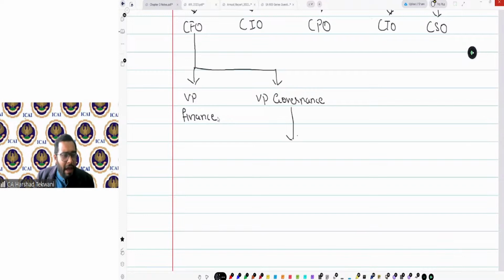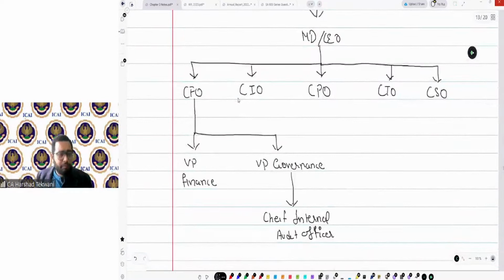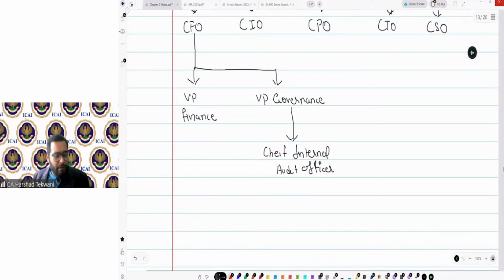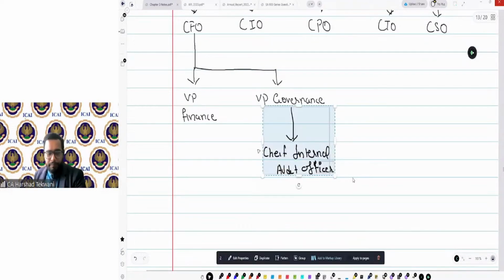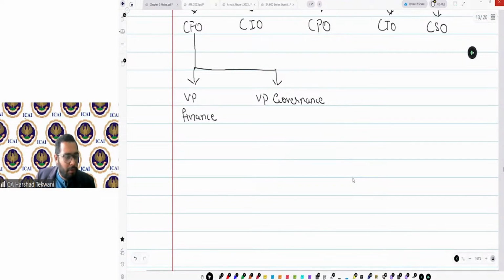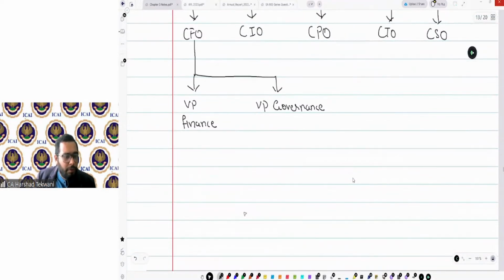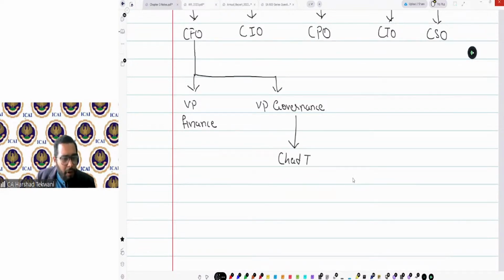Under VP Governance I have a Chief Internal Audit Officer. This is the organizational structure as of now. Instead of this, I will write Chief IA Officer.